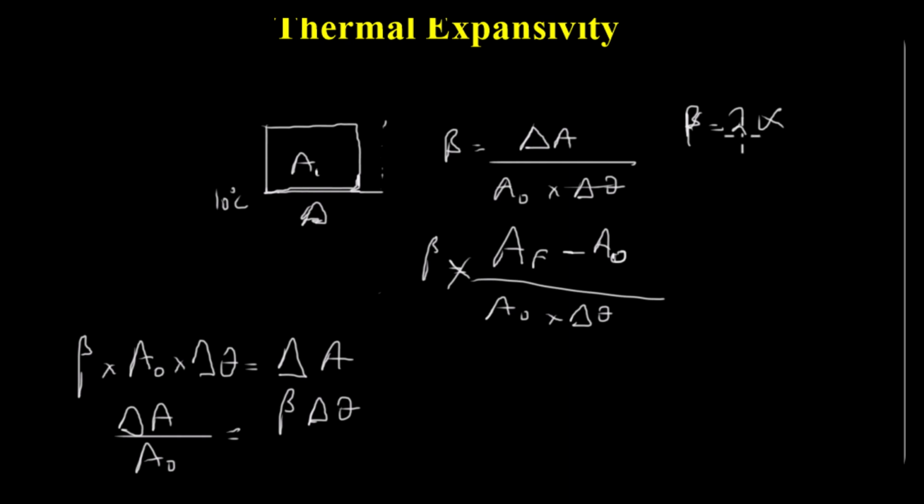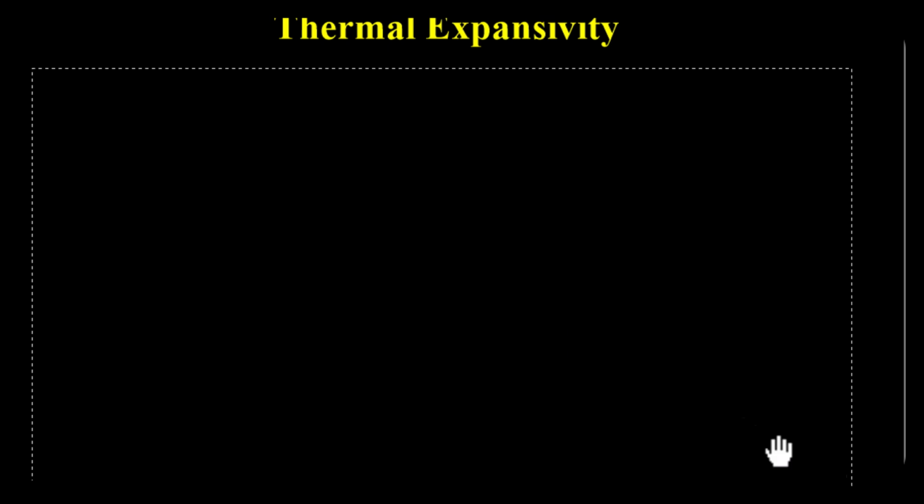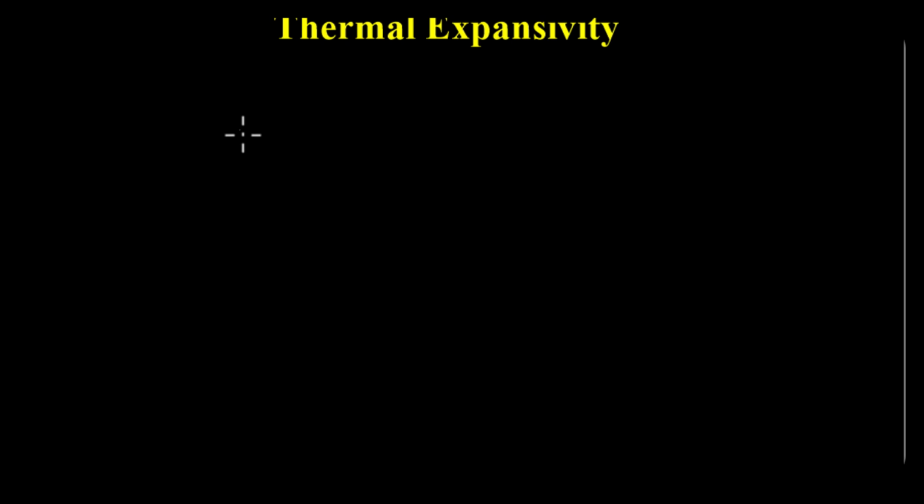All right. Now, what if we want to talk about the third type or third part of expansivity? That is the volume expansivity, also known as the cubic expansivity. This time around, we're not dealing with a 1D shape or a 2D shape, but a 3D shape.